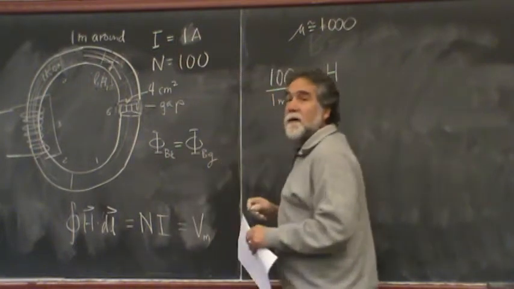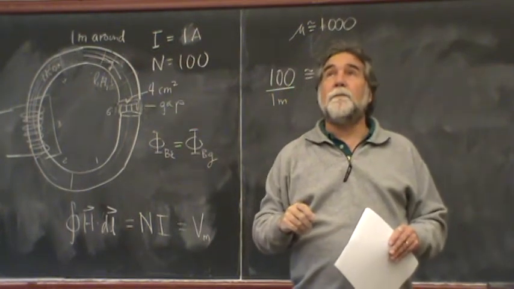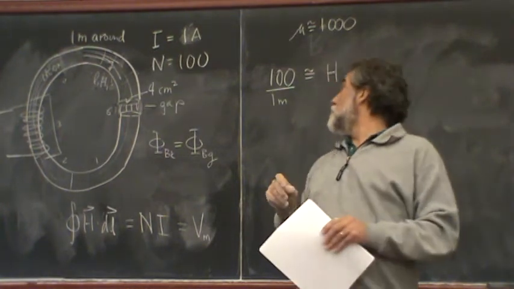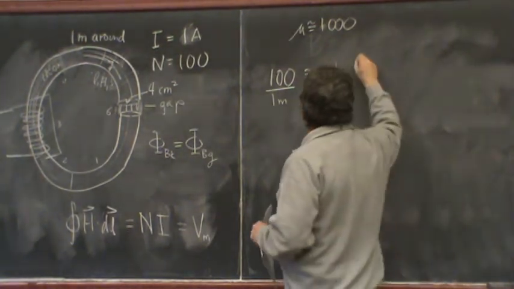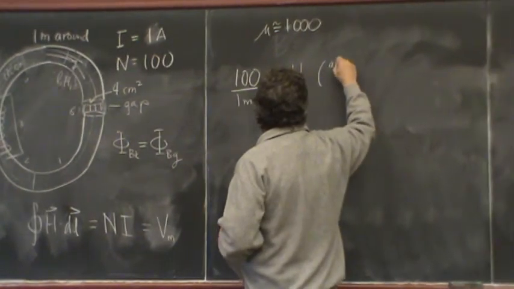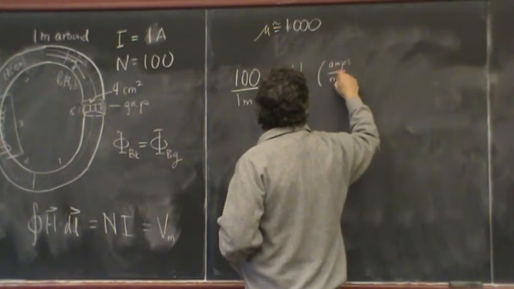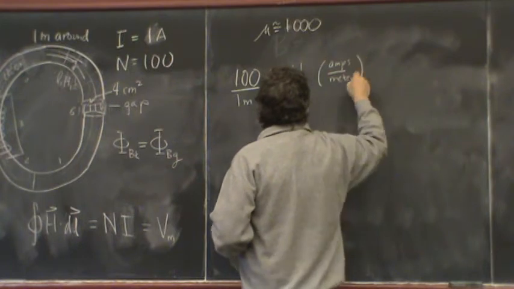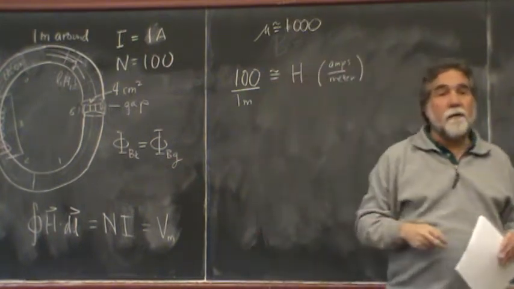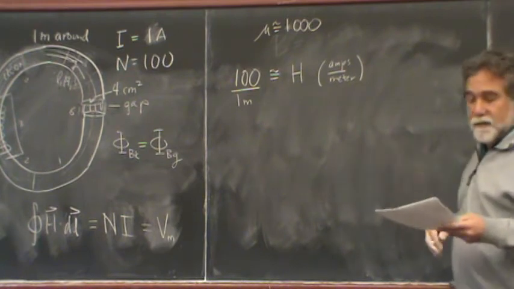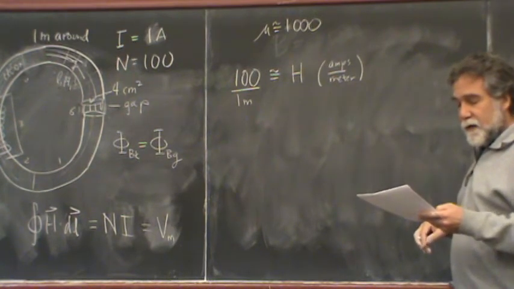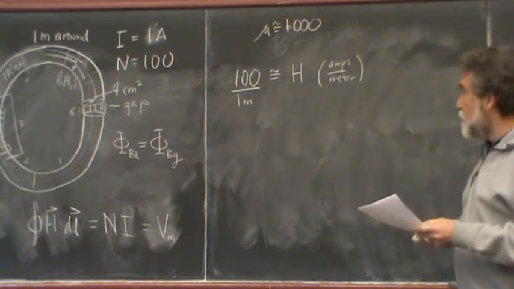So H is going to be 100 amps per meter, with no mu naught thrown in, just to give us an idea of what's going on.